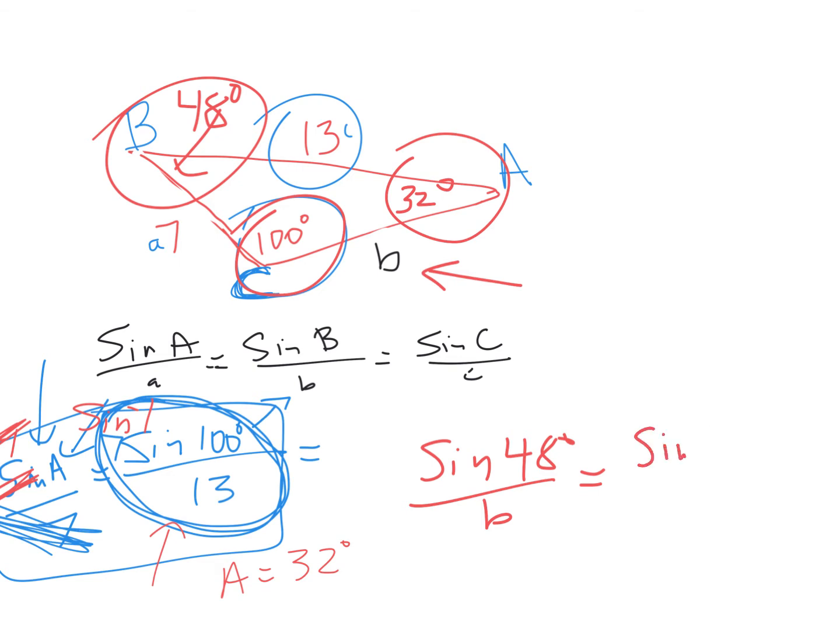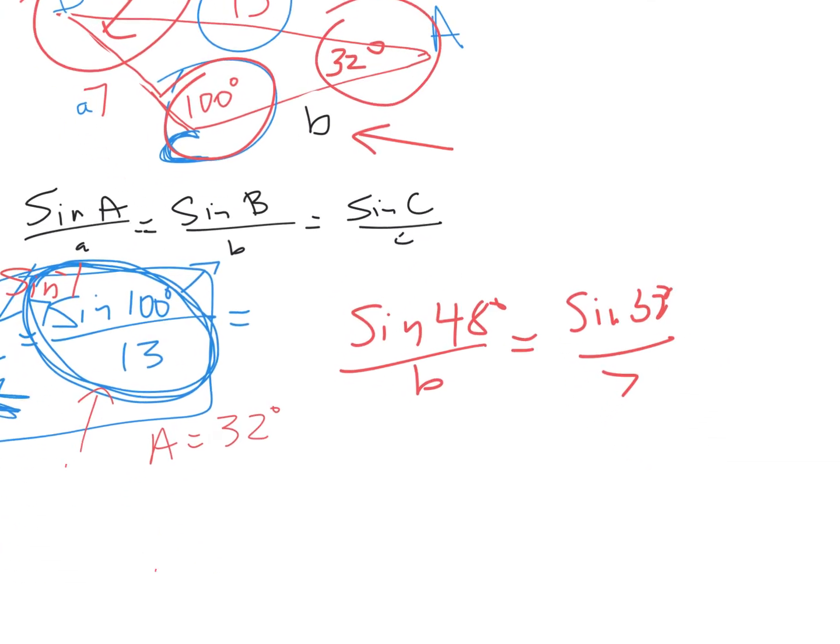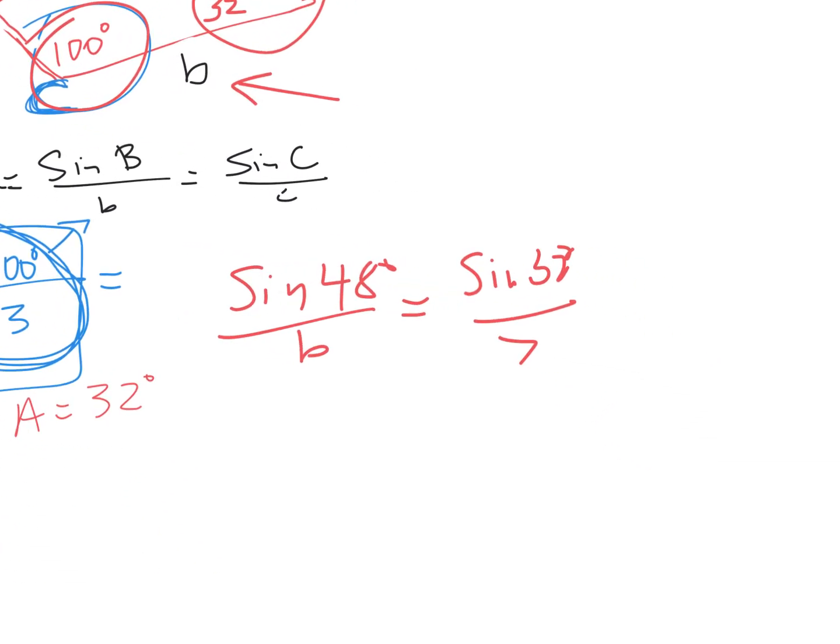Sine of 32 over 7. And once again, multiplying both sides by b. No, wait, I'm wrong on that one. We don't want to times both sides by b. Oh wait, I do want to get b alone. So yes, I want to multiply both sides by b.